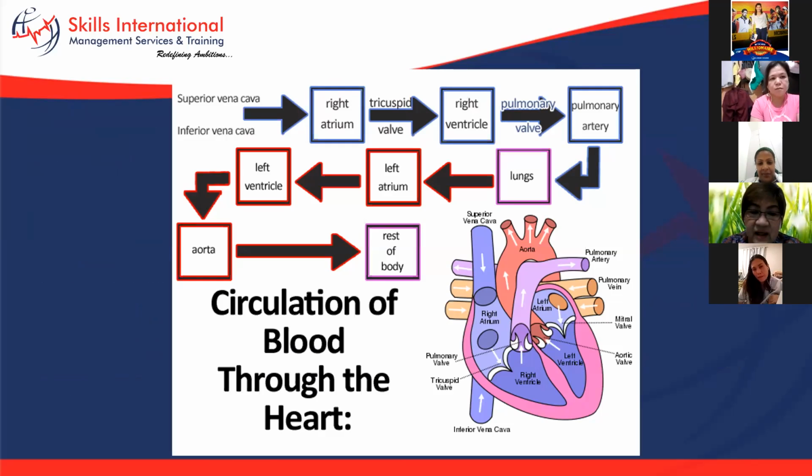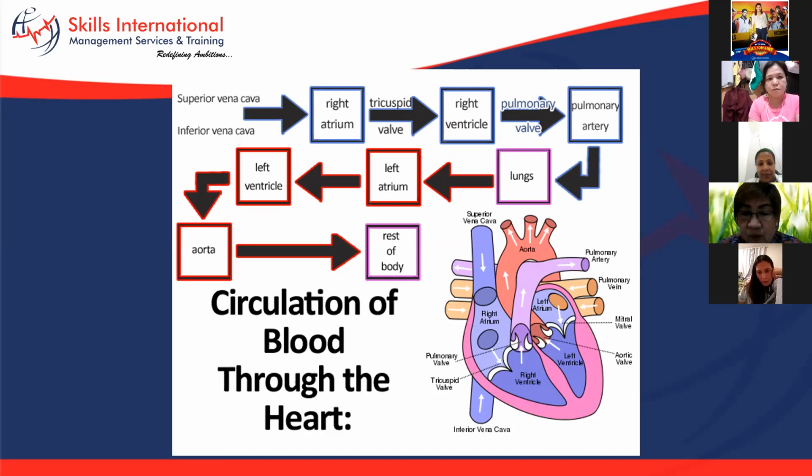So the circulation of the blood started from the superior vena cava. As you can see down below, there is a superior vena cava. From the superior vena cava, it goes to the right atrium, through the tricuspid valve, to the right ventricle, to the pulmonary valve, to the pulmonary artery, going to the lungs.